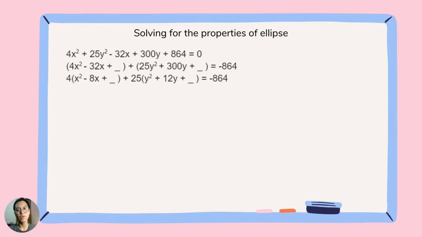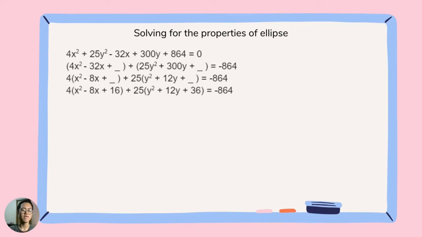Since x squared and y squared have coefficients, we must factor it out. So we now have 4 times (x squared minus 8x plus blank) plus 25 times (y squared plus 12y plus blank) equals negative 864. Now, we can complete the square by dividing the coefficient of the middle term by 2, then squaring it.